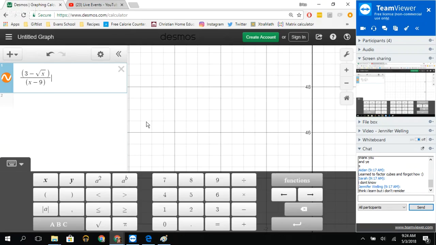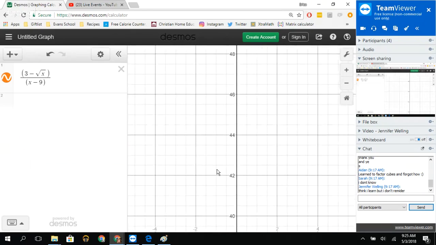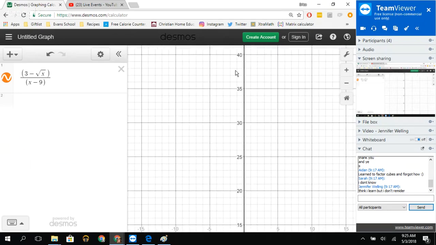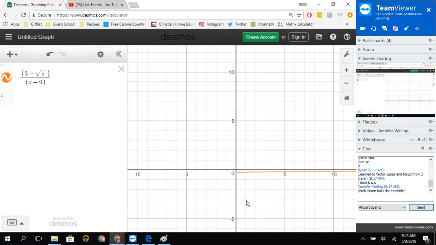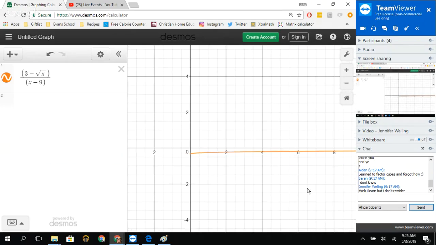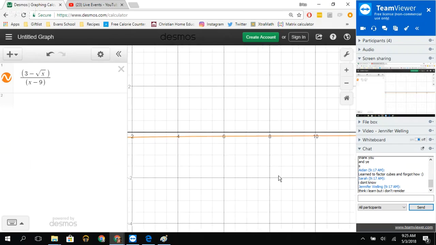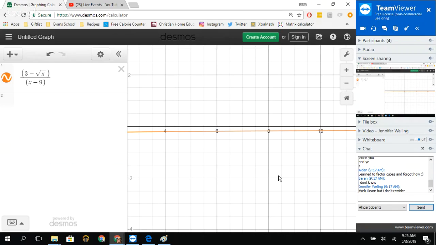Okay, so we want to know what happens as x approaches 9. So first we have to find our function. Okay, so our function's way down here. We want to scroll in a little bit and find out what happens as x approaches 9.